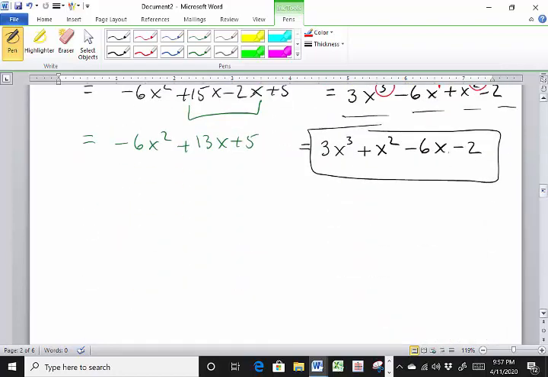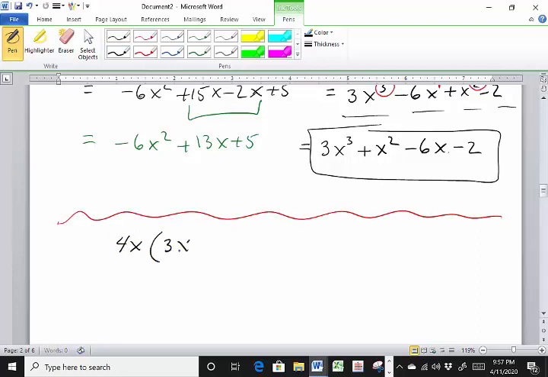Okay. Now let's take a look at this problem. This may throw you off a little bit. What if I have a monomial times a binomial times another binomial? In fact, the last one here is a multivariable binomial, because there's an x and y in it.